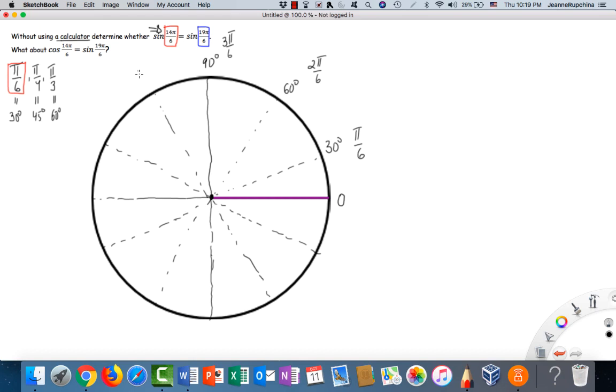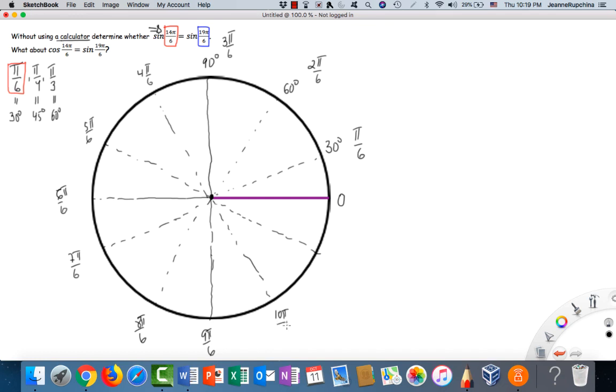So I got 4 pi over 6, 5 pi over 6, 6 pi over 6, 7 pi over 6. You get where I'm going, right? We did this in class many times.